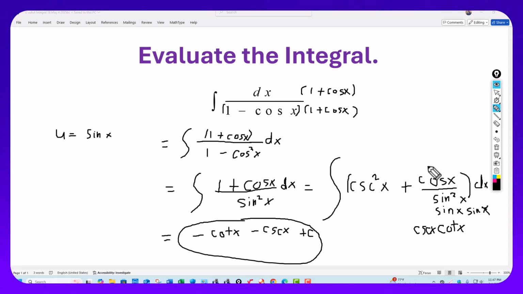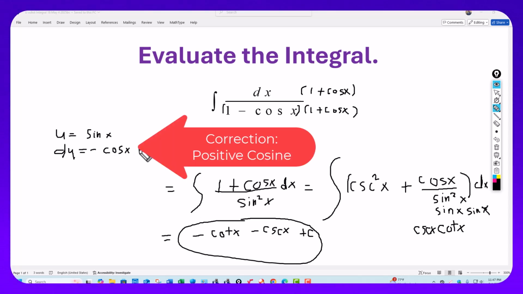Look at this integral here, the integral of cosine of x over sine squared of x. Let U equal sine of x. Then du would be cosine of x dx.